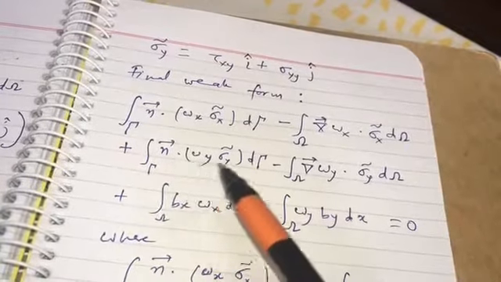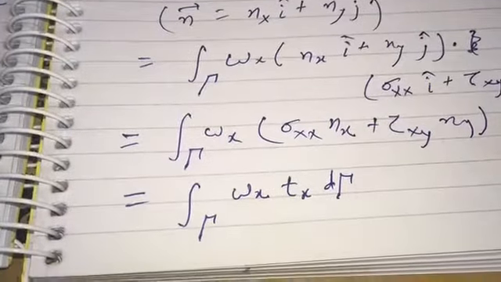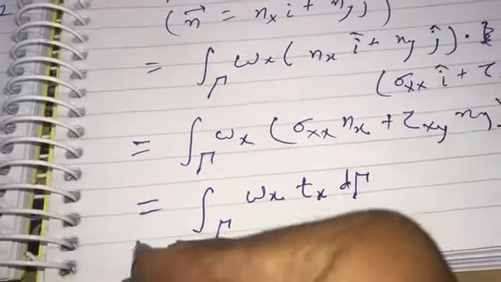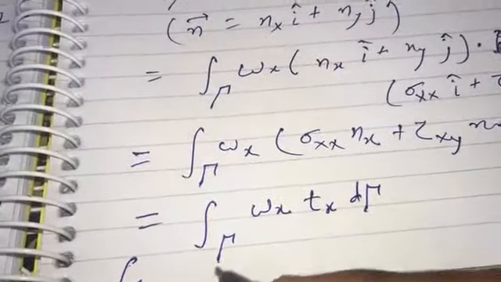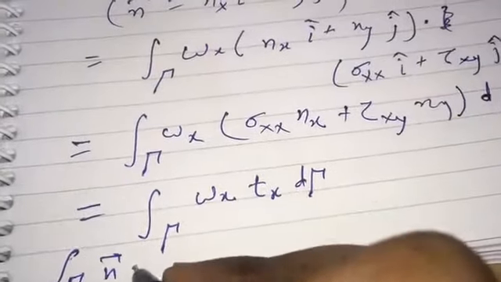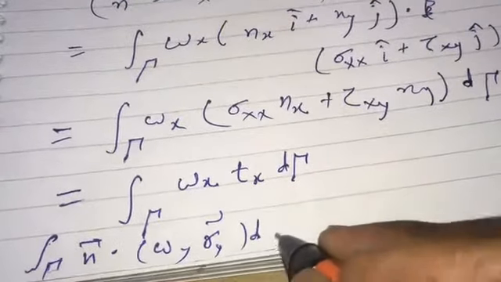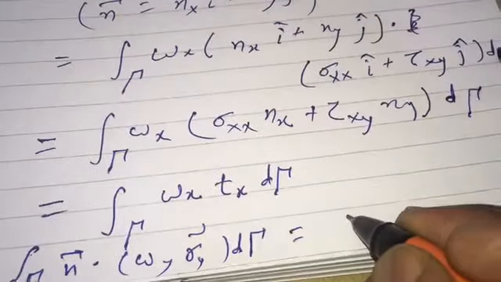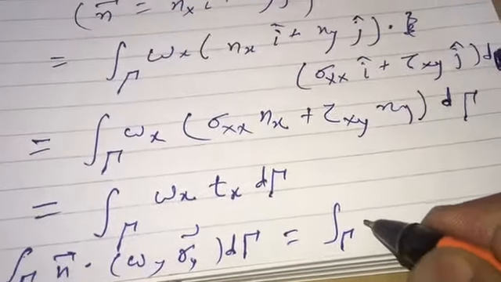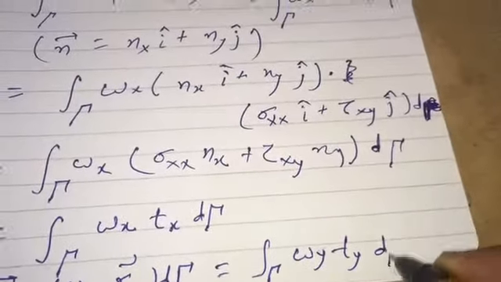The whole term becomes Wy times Ty integrated over the whole boundary, d gamma.